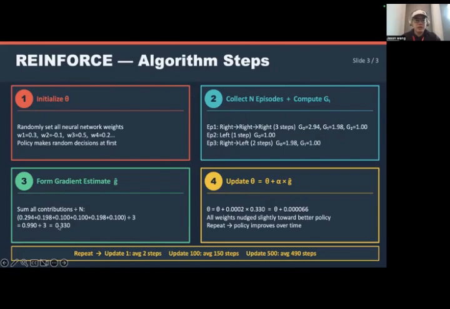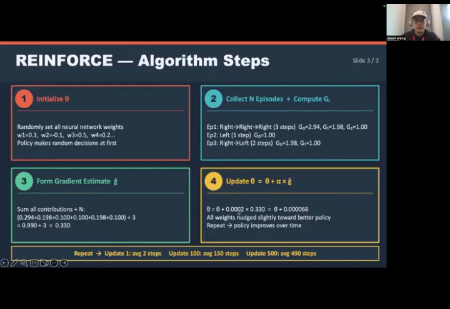Then in step 3, we form the gradient estimate g hat. We sum up all the contributions from every step of every episode, then divide by N, giving g hat equal to 0.33. And then step 4, update theta.